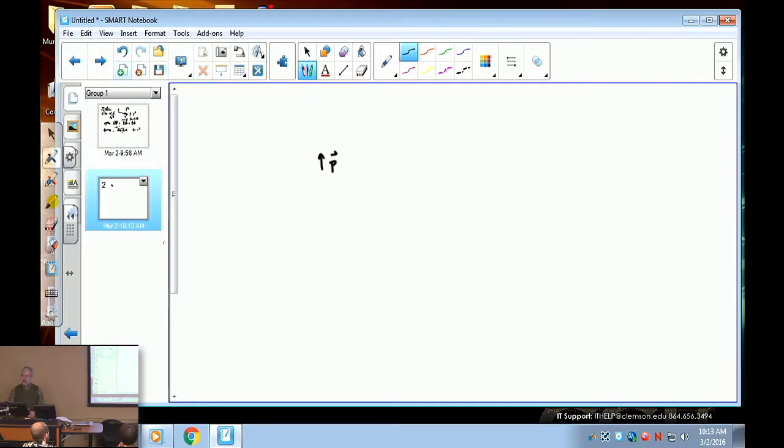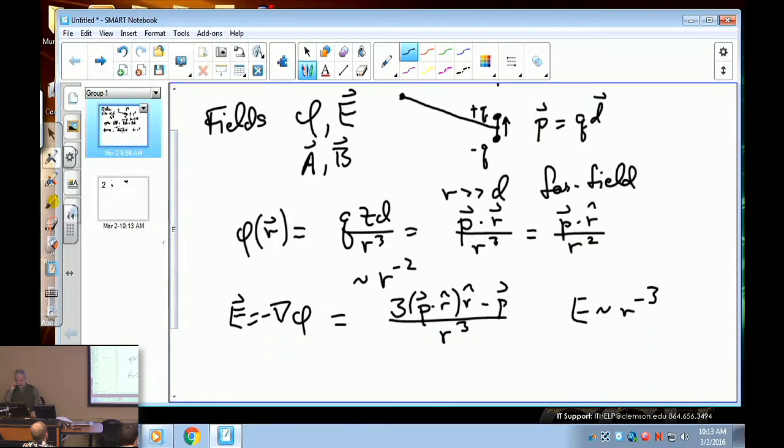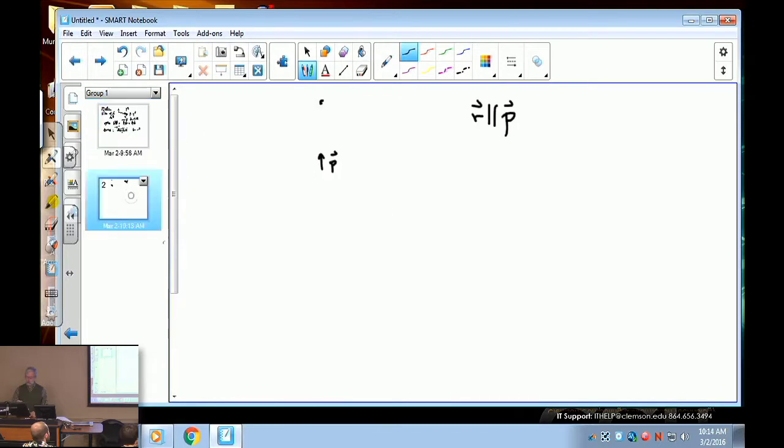Now the electric field: let's suppose we look in a region where r is parallel to p, for example straight up. So we're up here in this region, and r is parallel to p. Going back to this form, if r hat is parallel to p, then p dot r hat is equal to p, and then p r hat is back to p again.